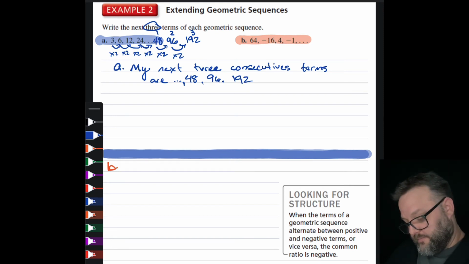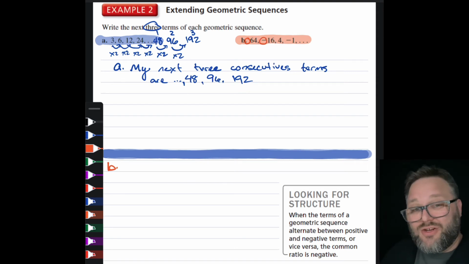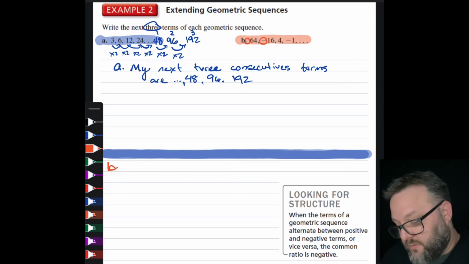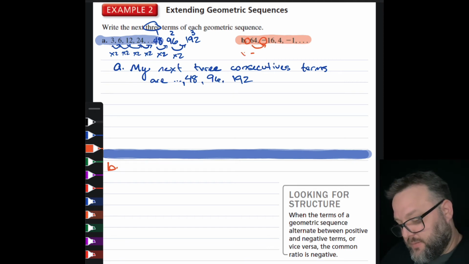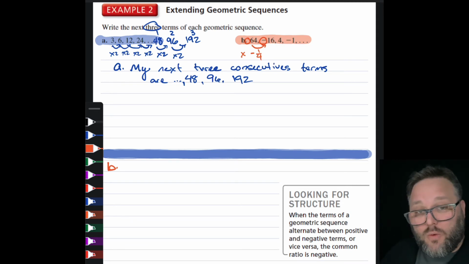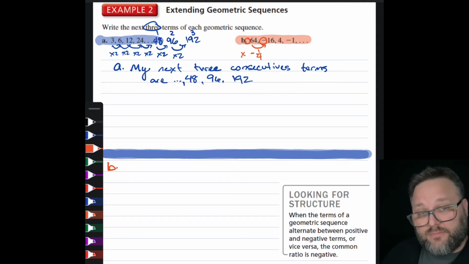On B, it's a little bit more fun because what we've got to notice is, again, this is positive because there's nothing there, and this is negative. So I know no matter what, to go from 64 to 16, it's going to include a negative. I want to think in terms of multiplying, so this is the same thing as multiplying by a negative 1/4, because if I take 64 and divide it by 4, I'll get 16.